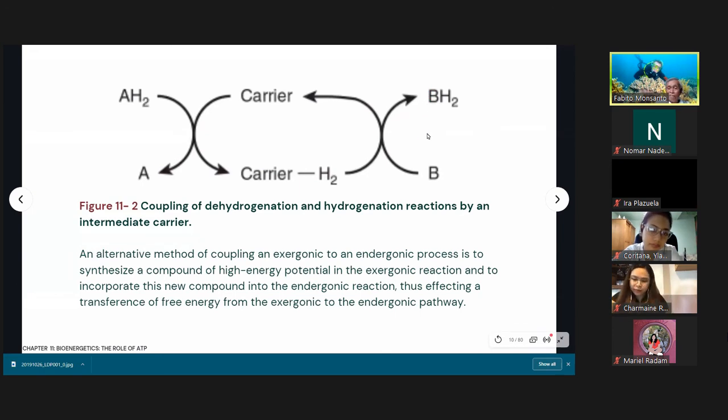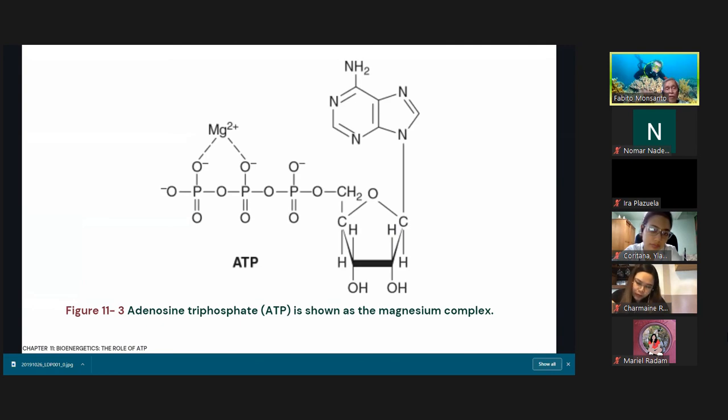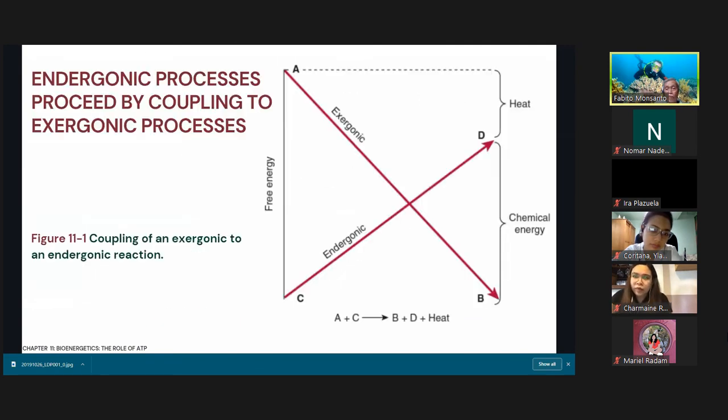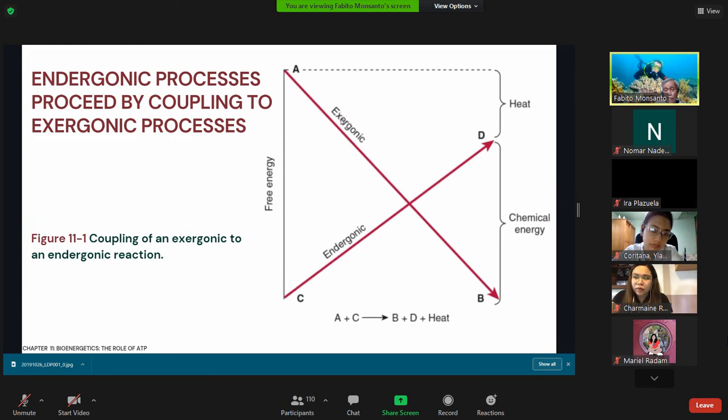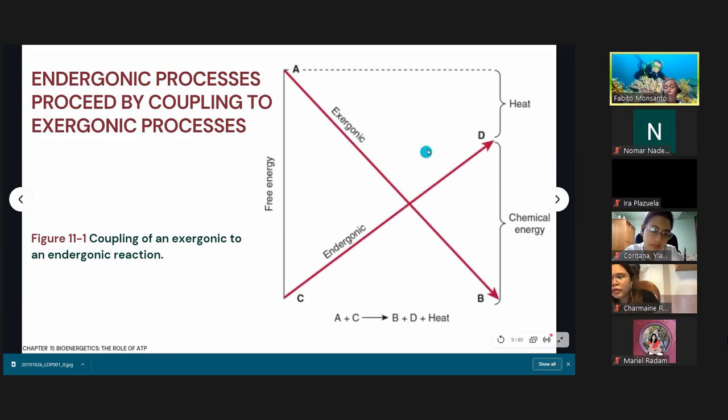All right. And if you remember, let's go back again. We said every exergonic reaction that occurs, the energy is captured, to be utilized for endergonic reactions to occur.